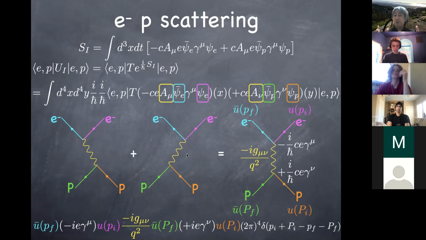But the potential, after all, is created by a static electric charge you are interested in, like a hydrogen atom where the electron is moving around in a Coulomb potential created by the proton. What you're seeing here is you have this infinitely heavy proton, and that proton creates this virtual photon, and that virtual photon gets propagated to the electron, and the electron feels that virtual photon, and that is the origin of the Coulomb potential.